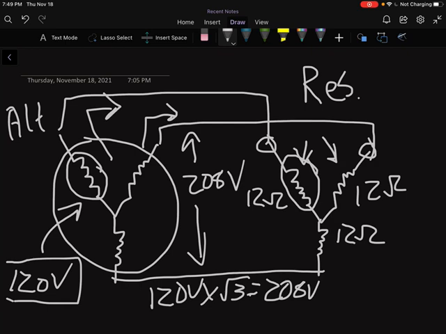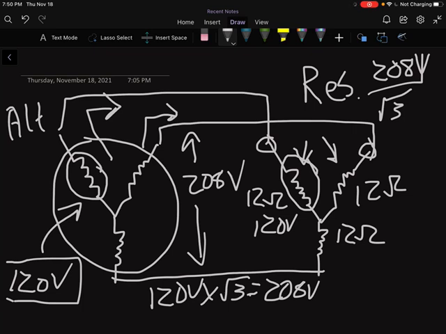So the value would then be root 3 smaller than 208 volts. So I'd take my 208 volts and I divide by root 3. Now to get down to my phase value in the load, and I get a voltage of 120 volts in the line as well. So now we have 120 volts per line.